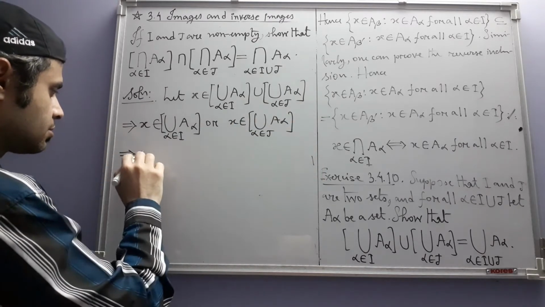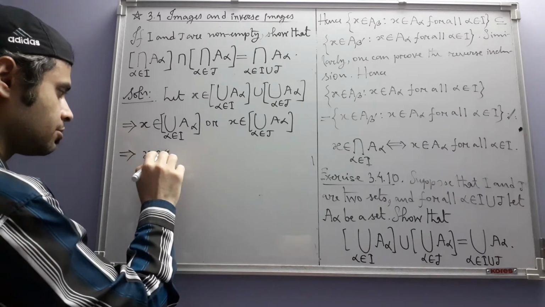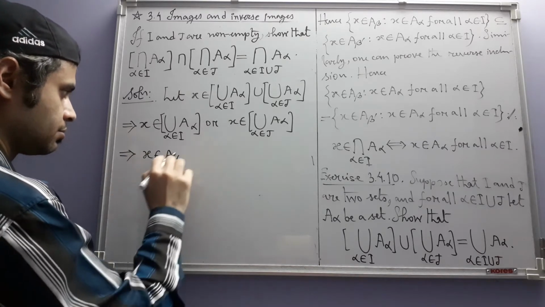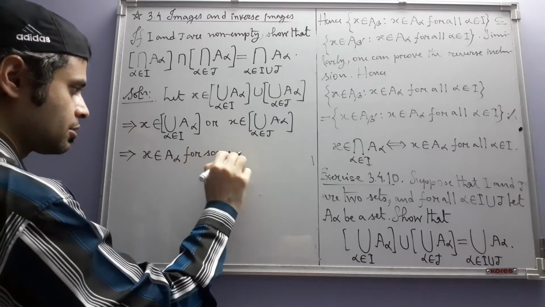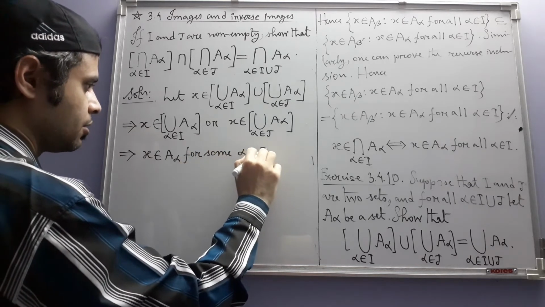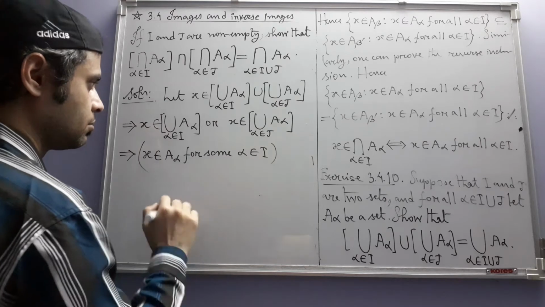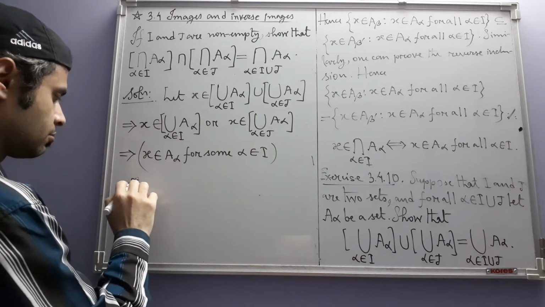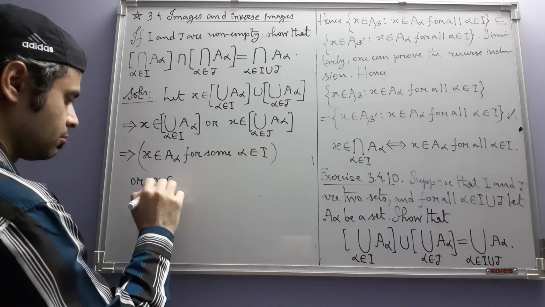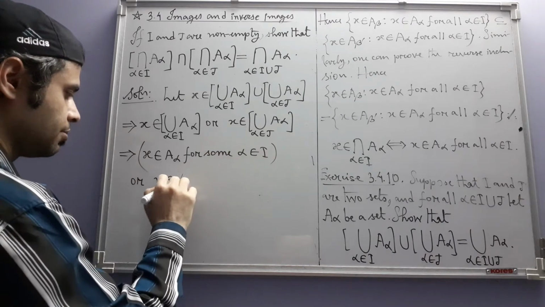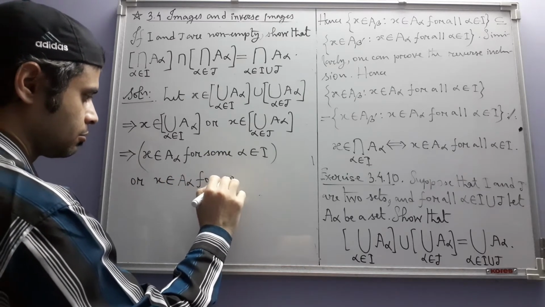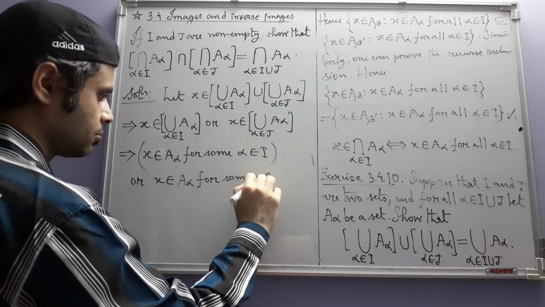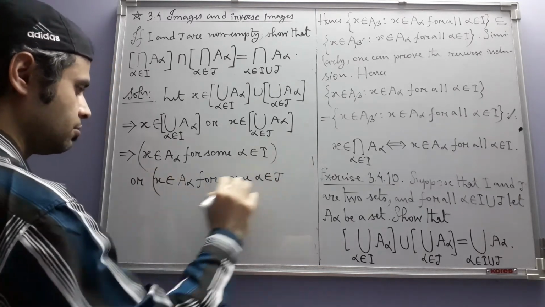That implies x belongs to A alpha for some alpha belonging to I, or, from this one, we get x belongs to A alpha for some alpha belonging to J.